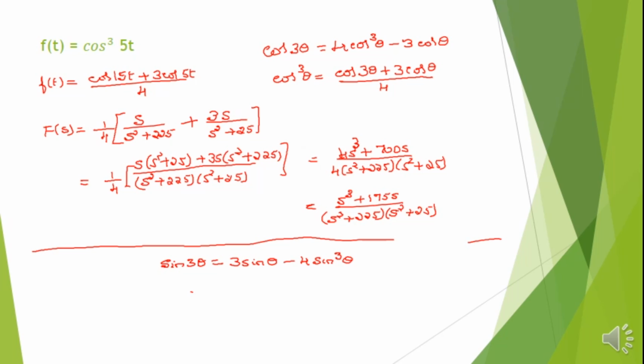So from this, sin cube theta equal to 3 sin theta minus sin 3 theta by 4. So using this, sin cube theta has to be converted into 3 sin theta minus sin 3 theta by 4. Then take the Laplace transform.